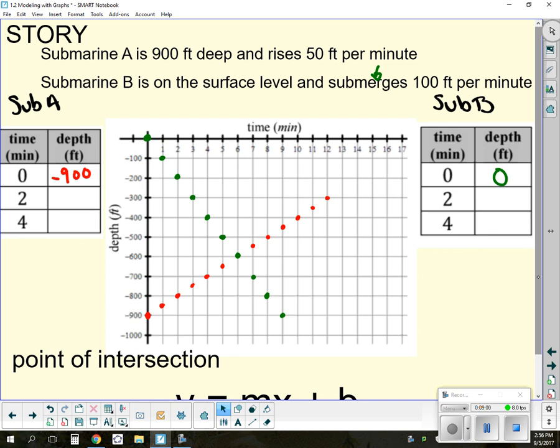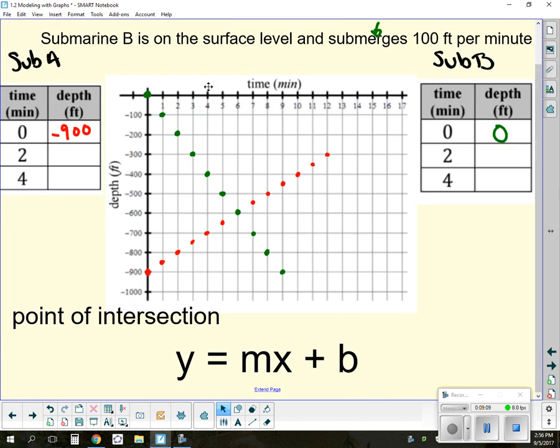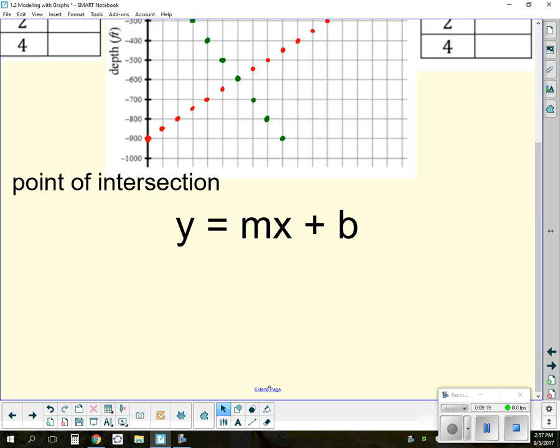We want to come up with an equation for this. So in the last section, we were just dealing with graphs. Now in this section, we're going to deal with some equations. These are both straight lines. We have the dots forming a green straight line and a red straight line. Straight lines can be modeled with the equation y equals mx plus b. Keep in mind what these mean.